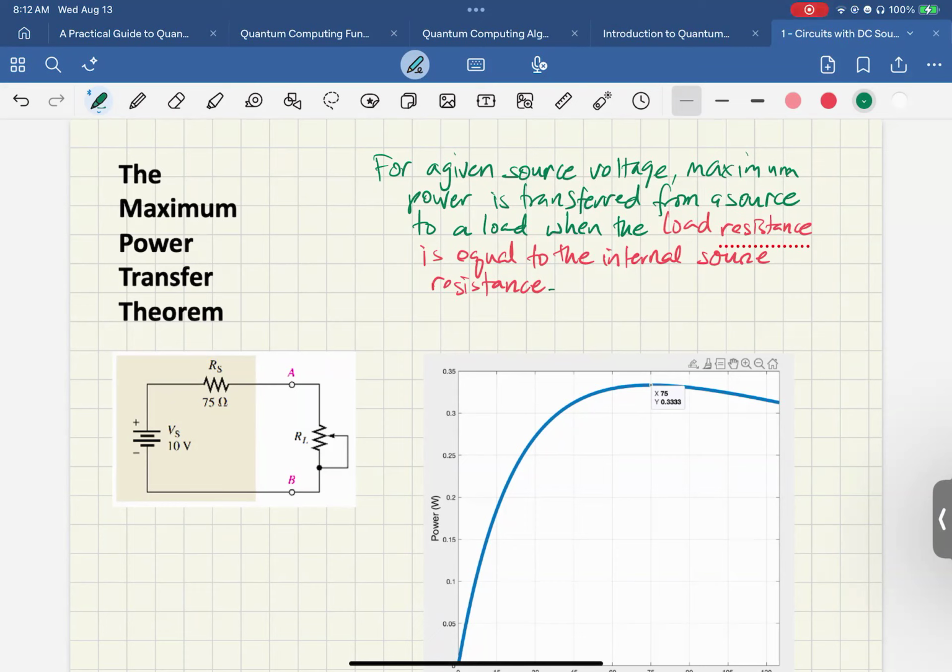Tapos, yung charger nyo, i-design nyo ngayon yung charging circuit ninyo. To design yung charging circuit, you actually use the Thevenin circuit. So for example, kung itong load nyo is 75 ohms, you want this one to also be 75 ohms. You want the Thevenin resistance to be 75 ohms, and you want the Thevenin voltage to be 10 volts.